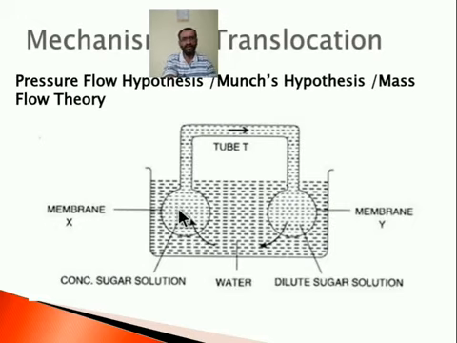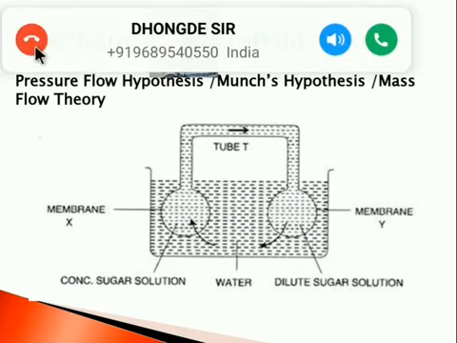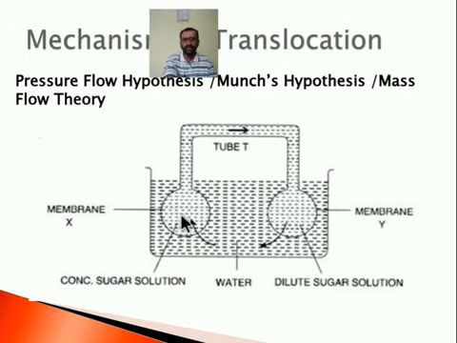A large quantity of water is absorbed, resulting in high turgor pressure. Therefore, the solution will flow in mass from X to Y via tube C under the turgor pressure gradient until the solution in both chambers becomes equal.